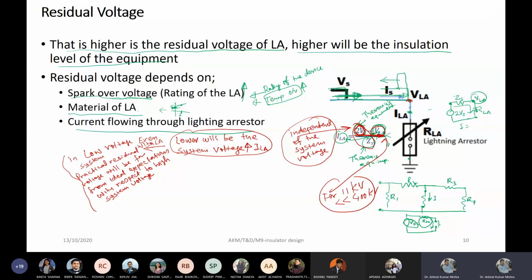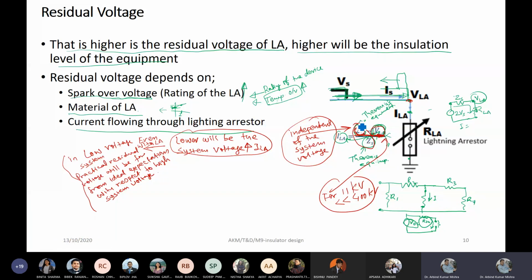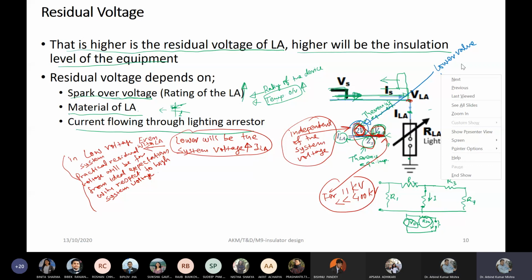As far as possible, what should be done is, if we can make this a lower value for low system voltage, that's good, right?